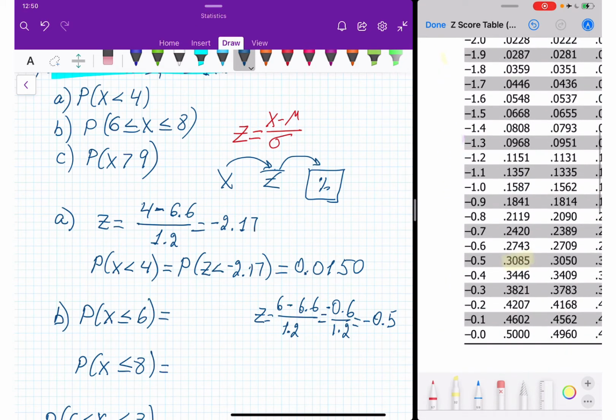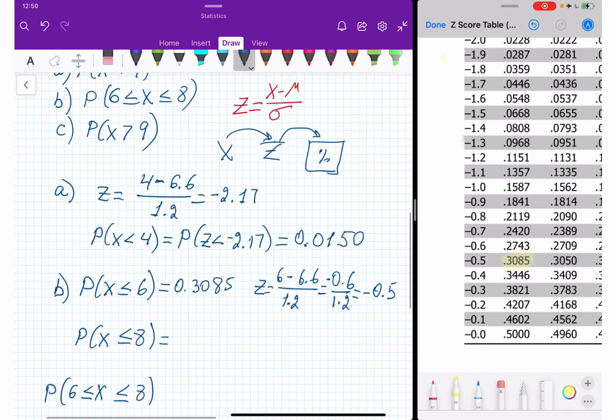Okay. So the answer is 0.3085. Now for x less than or equal to 8. So the z-score for 8 is going to be equal to 8 minus 6.6 and divided by 1.2.